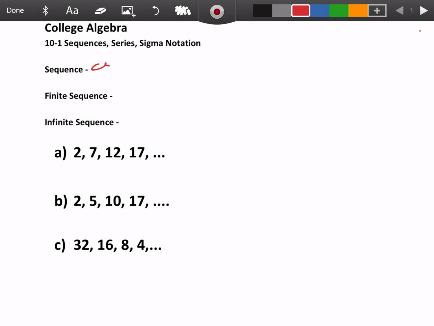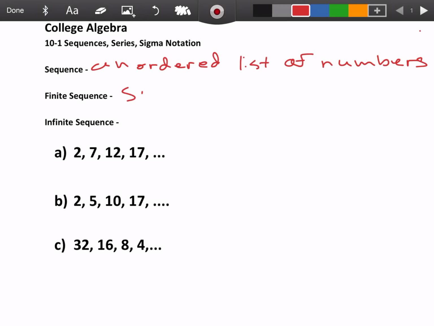A sequence is an ordered list of numbers. I don't want to redefine what a sequence is, so I'm just going to put some words here for these definitions.